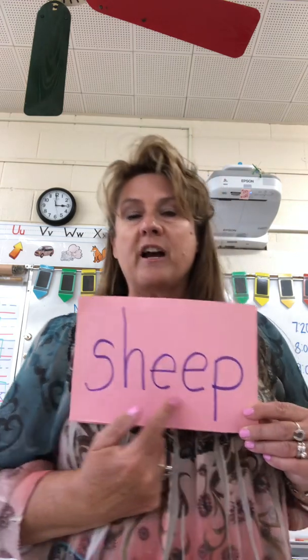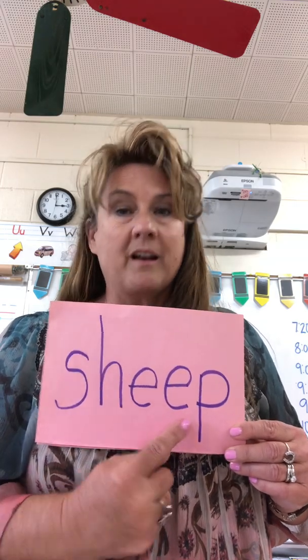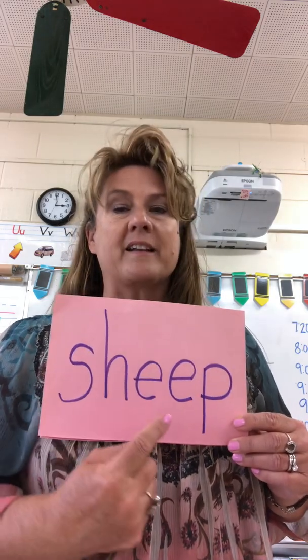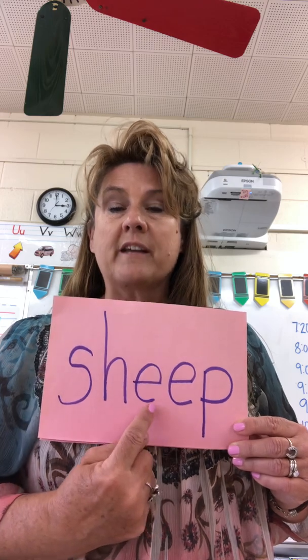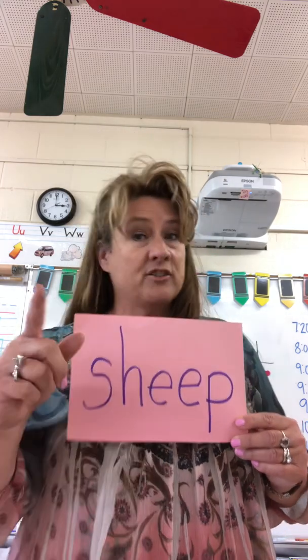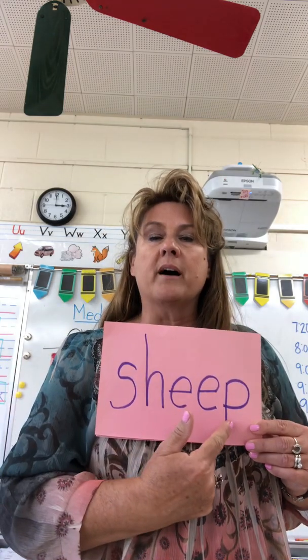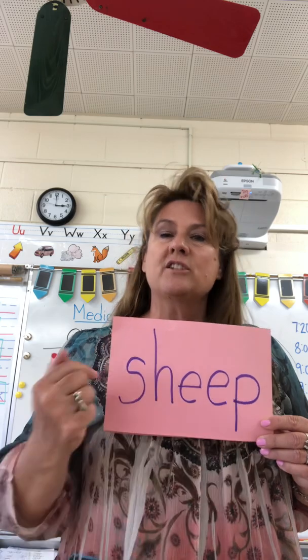Now I've got to figure out what this E says. But wait, there's two of them. Okay, you're right. When two vowels go walking, the first one does the talking and it says its name. So far we have shh. E-P, sheep, sheep.